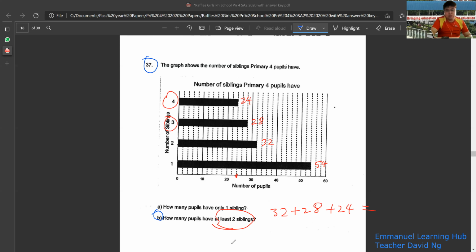At least 2 siblings, minimum 2 siblings. You know what I mean? So 32 plus 28 plus 24, what's the answer? You add and tell me what's the answer. 84. 84, good.